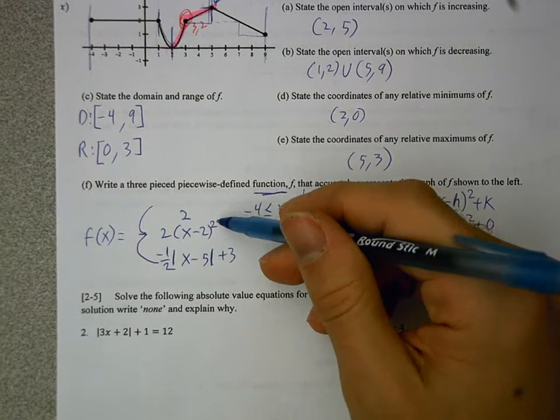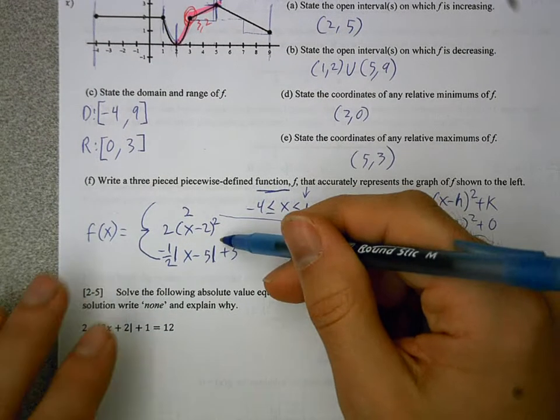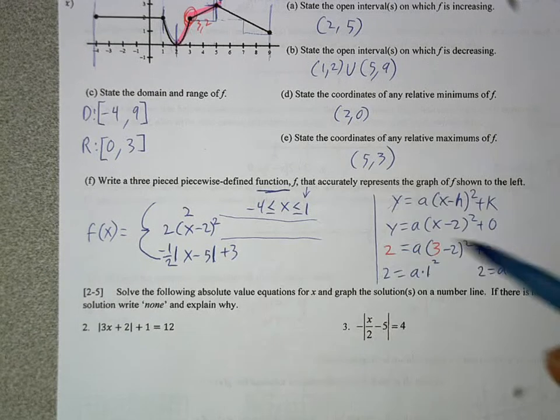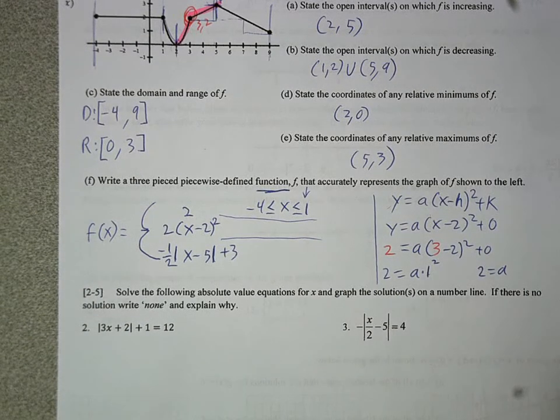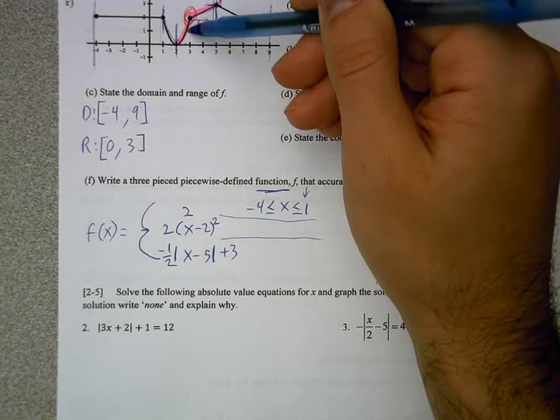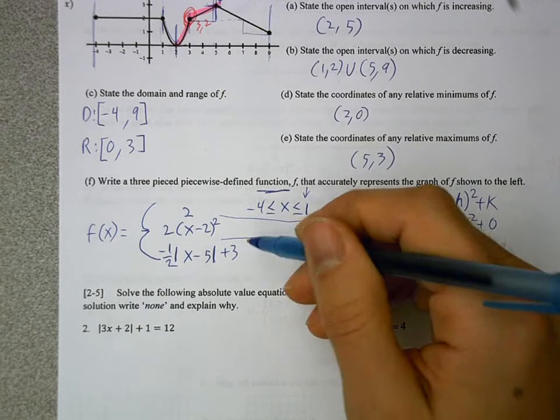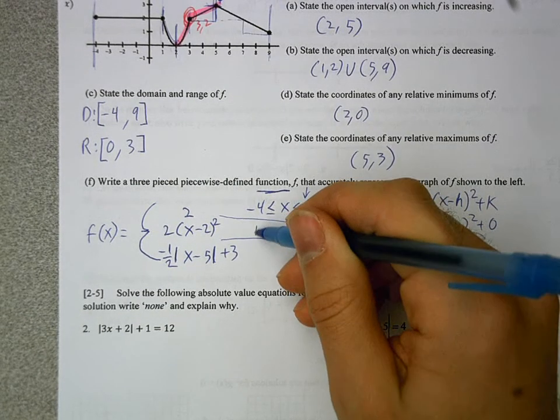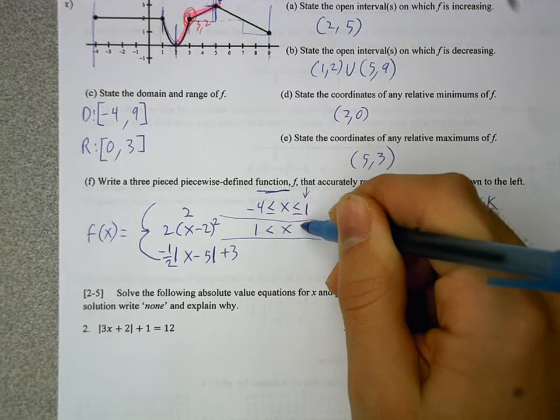The next one is 2 times (x minus 2) squared. That one is happening from 1 to 3. Right here. From 1 to 3. Positive 1, less than x, less than or equal to 3.